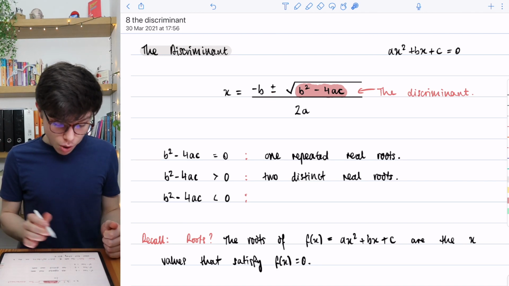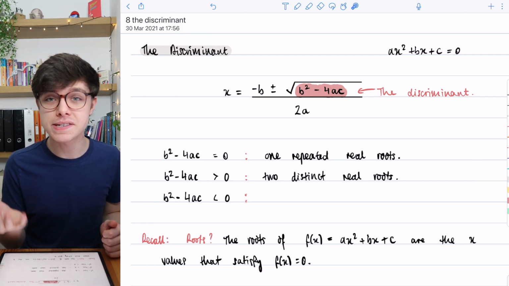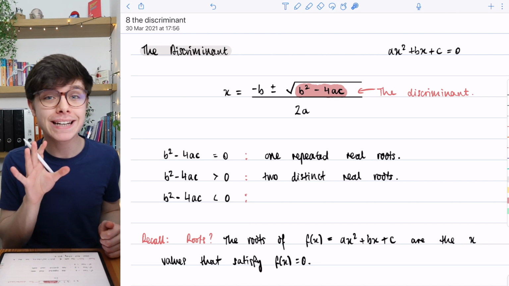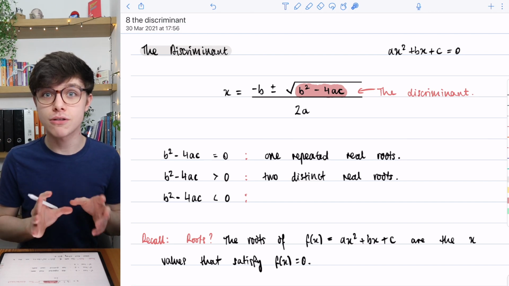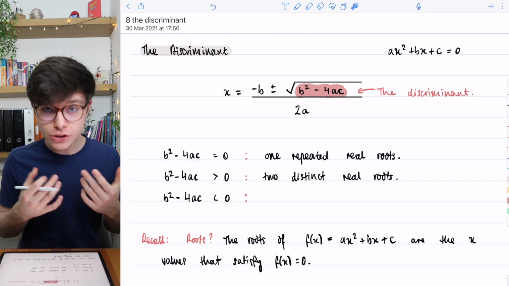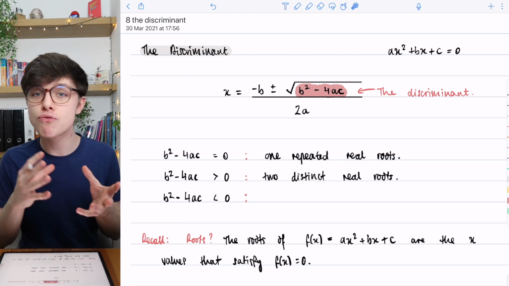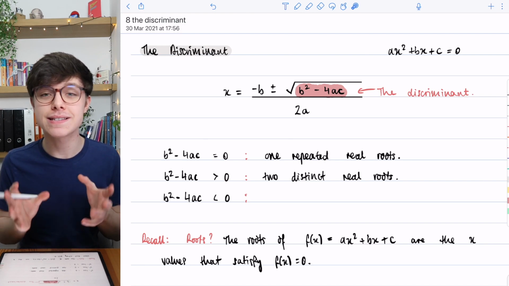Okay? Now, what happens if b squared minus 4ac is less than 0? We had an example like this in the previous video. We had minus 8 under the square root when we were solving the quadratic to graph it. So we couldn't really do anything with that. And the reason we can't do that is because in the real world, we're not able to square root a negative number.